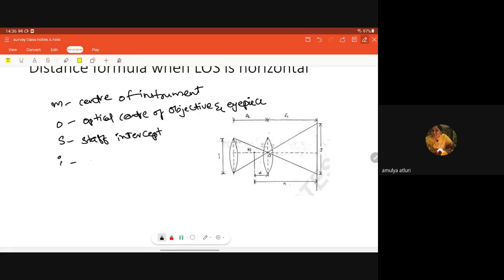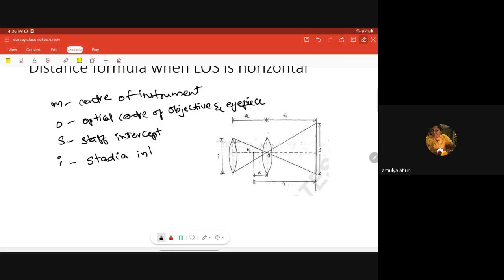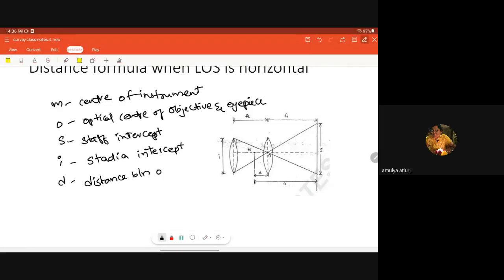I is the stadia intercept. D is the distance between the optical center and the center of instrument.